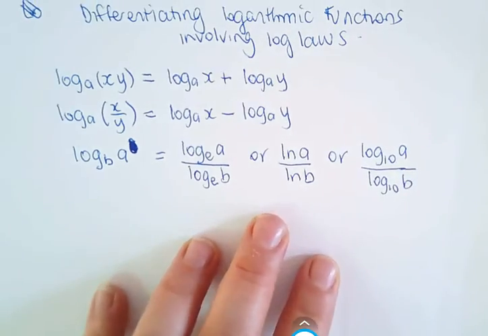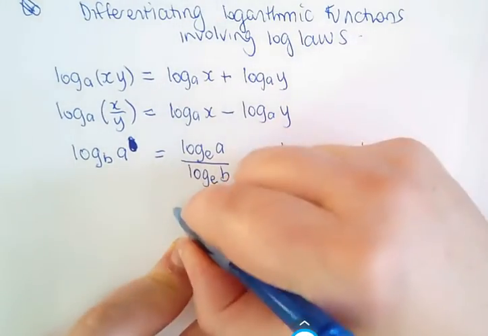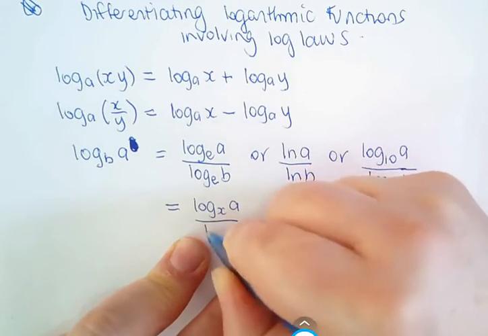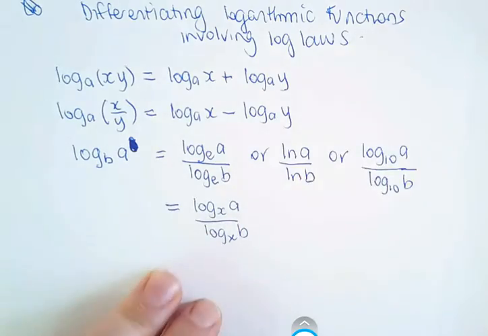Remember all those? So really a general form would be log to the base x of a over log to the base x of b, if you wanted.